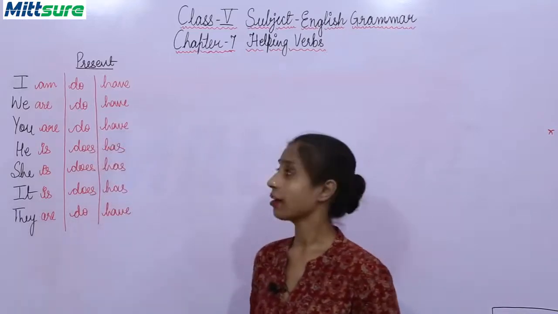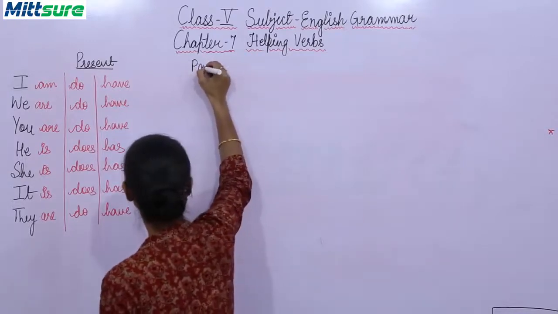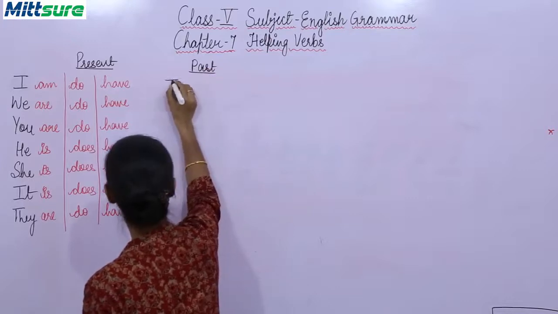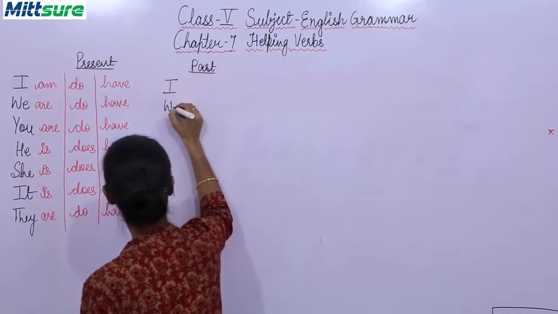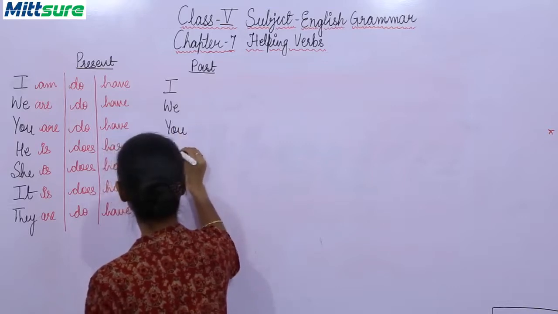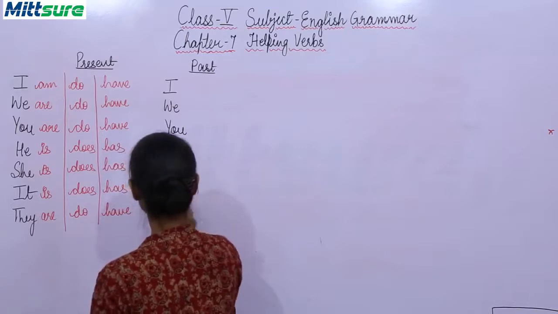Done. For past tense, let us talk about past tense now. For past tense, subjects were I, we, you, he, she, it, and they.